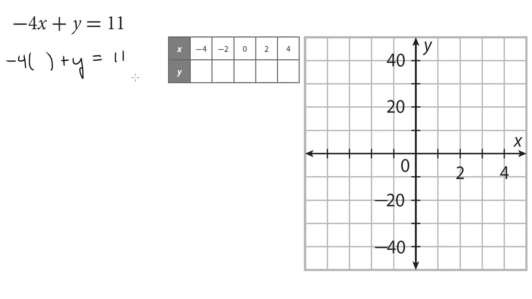Now I'm going to plug in these values. First, where x is negative 4, I have negative 4 times negative 4, that's positive 16, plus y equals 11. Then I'm going to subtract 16 from both sides, and I get y equals negative 5.